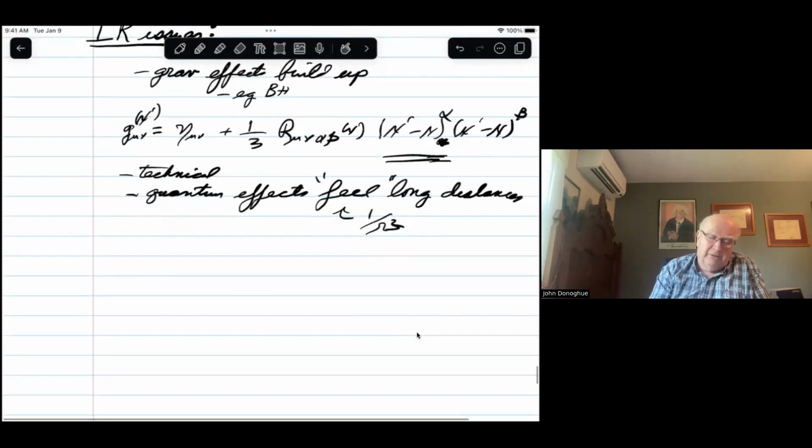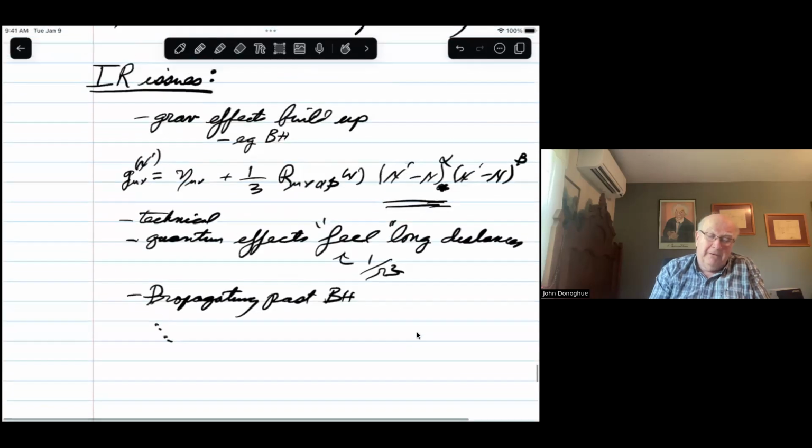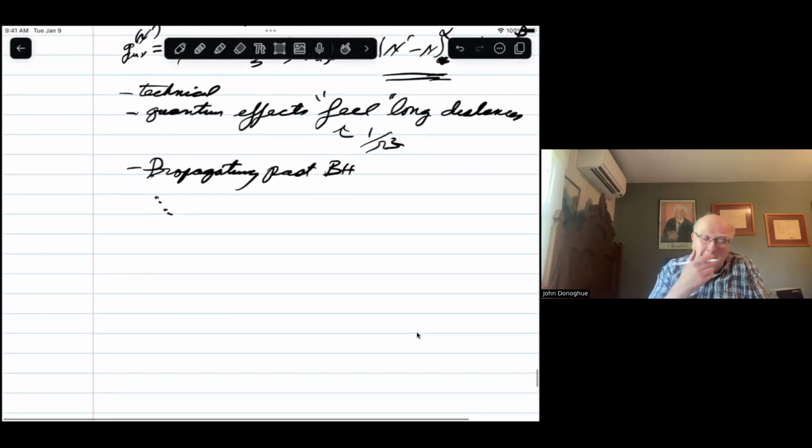There are other black hole questions, propagating plastic black hole, etc. So there are potential infrared issues. They're not necessarily failures of the effective field theory, but there are limits to how much we understand.